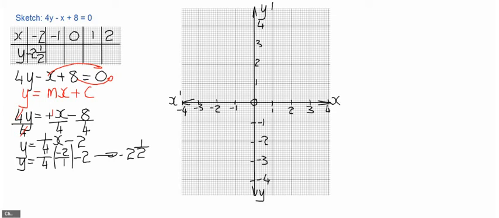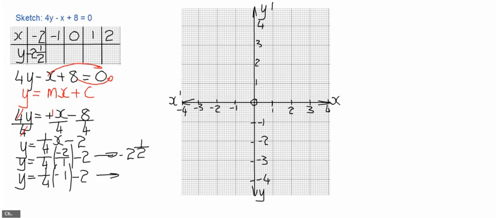The next value we're going to substitute into the equation is -1. So let's take the same equation and substitute x with -1. So y is equal to 1/4 times (-1) minus 2.